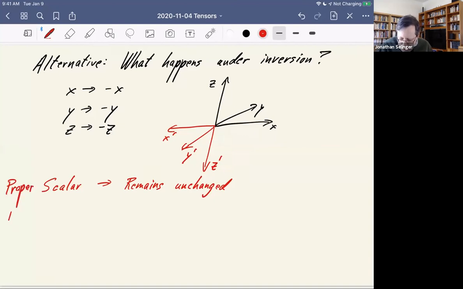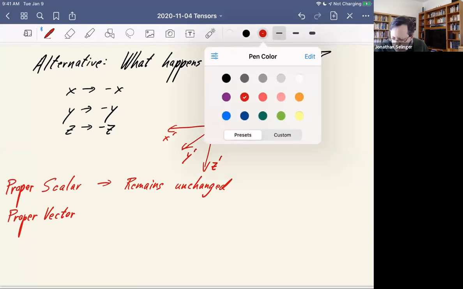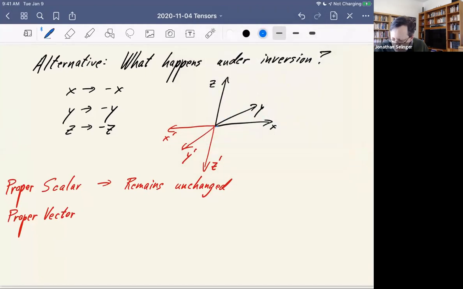How about a proper vector, like velocity? So if you have a velocity vector, if something is moving, I'll just draw a vector here. Here's a velocity for a particle, okay? So this velocity has an x component and a y component and a z component.